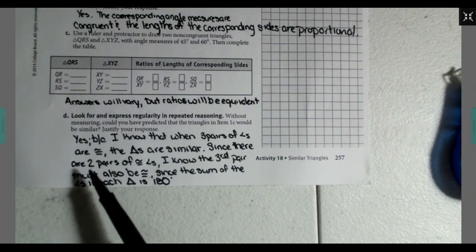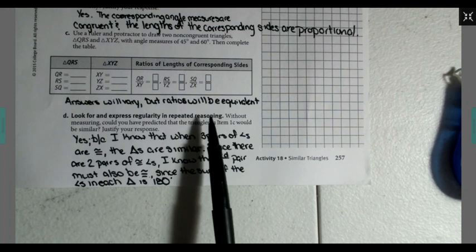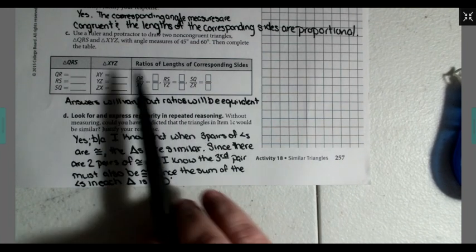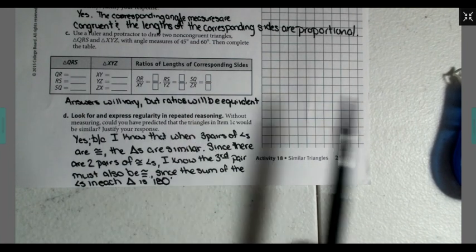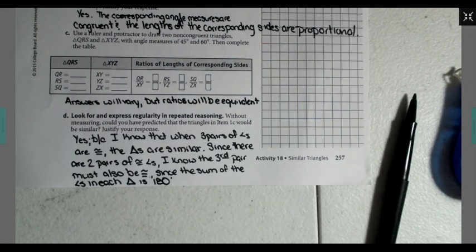Yes, because the ratios will be equivalent. Again, I didn't give you the answers here because they will vary depending on your triangle. And if we take a look, it says yes, because I know that 3 pairs of angles are congruent. If we have 3 pairs of angles congruent, we know the triangles are similar.